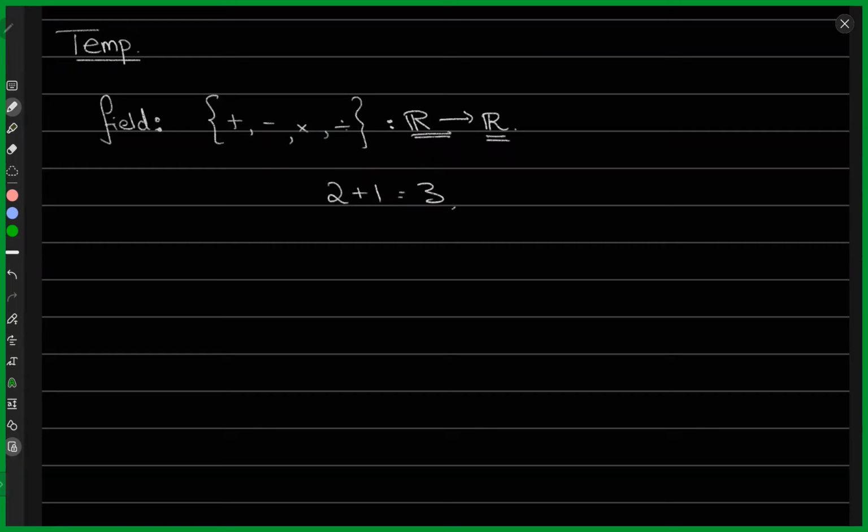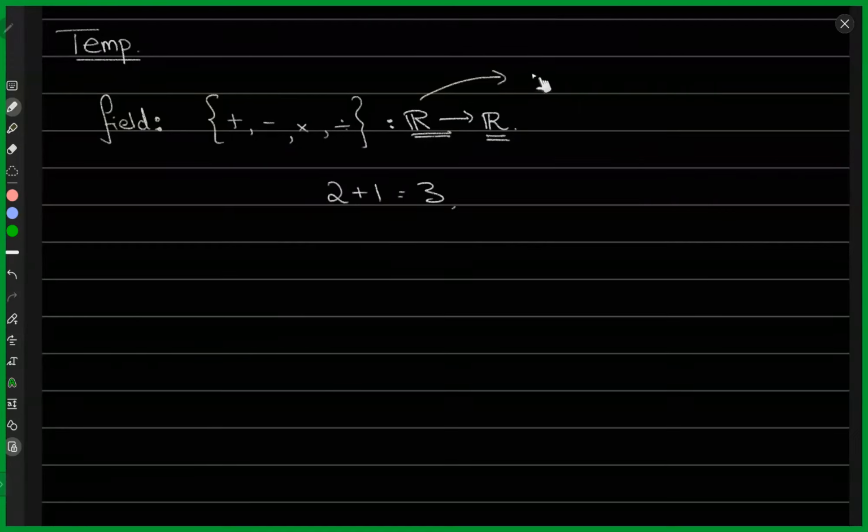So what is happening is that if you take any real number and do these operations on those real numbers, you come back to a real number. Now this is a real numbers field.